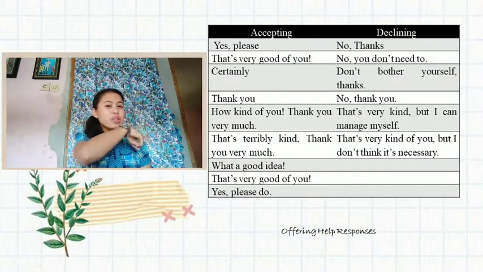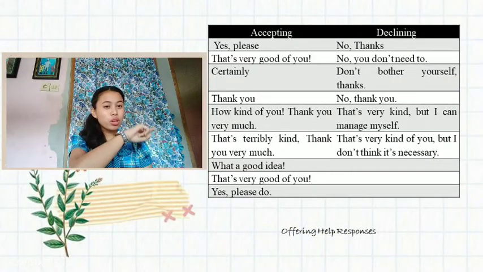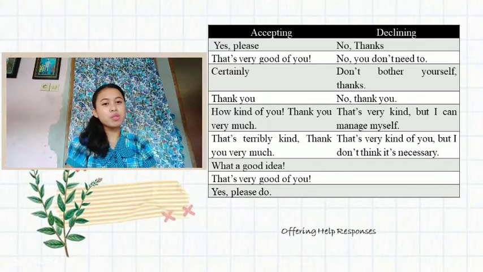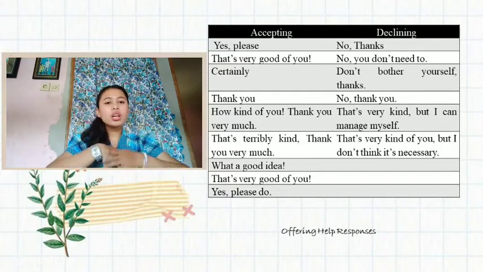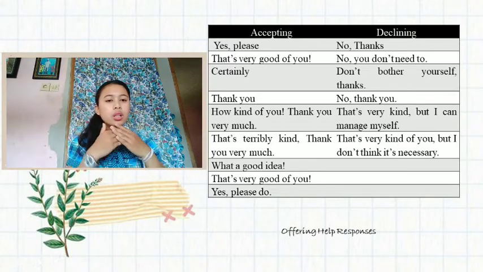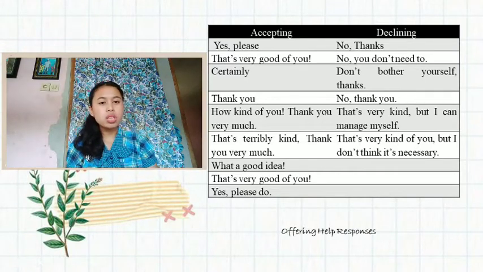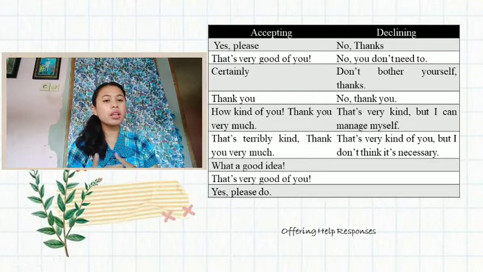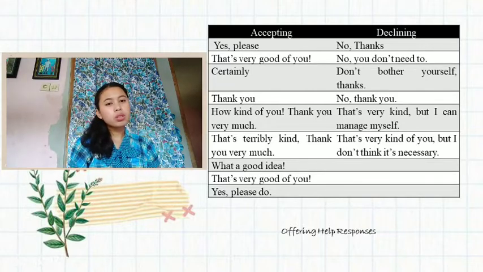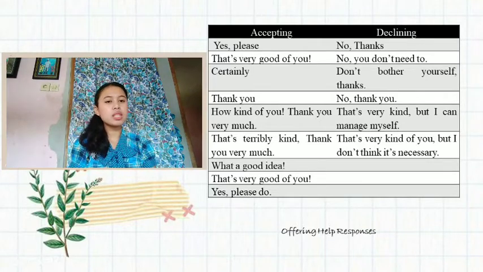Okay, you can see other examples on the table. I put some of them. So when we look at the responses to asking help and offering help, those kinds of responses are quite the same.